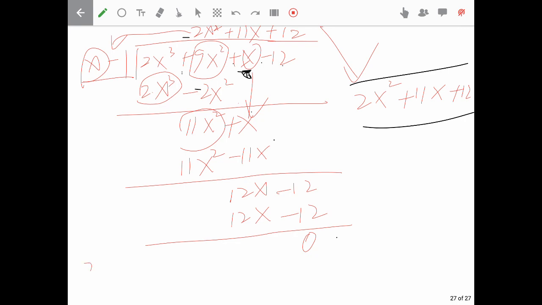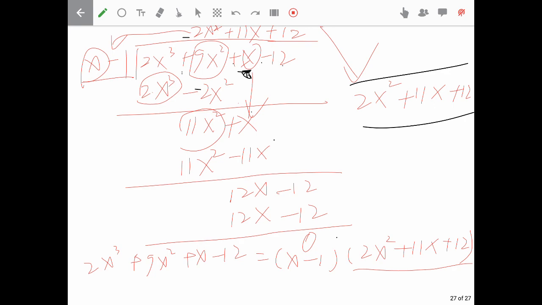It means 2x cubed plus 9x squared plus x minus 12 should equal x minus 1 times the quotient. Make sense? The only thing we have to do is to factorize this again.